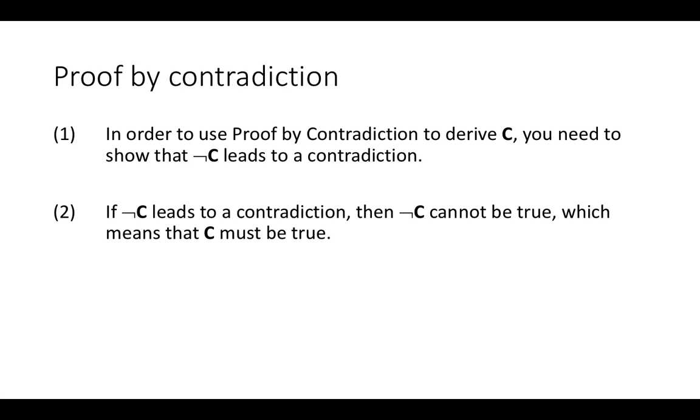And this is because if not C leads to a contradiction, then not C cannot be true, which means that C must be true. In other words, you prove that C is the case by showing that it is incoherent or contradictory to suppose that not C holds. In other words, you reduce not C to absurdity. Hence the Latin name for proof by contradiction, reductio ad absurdum.